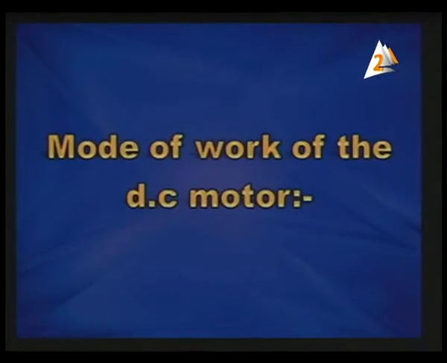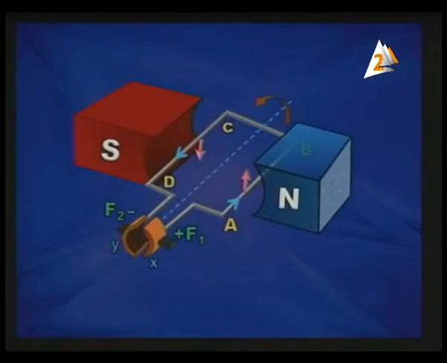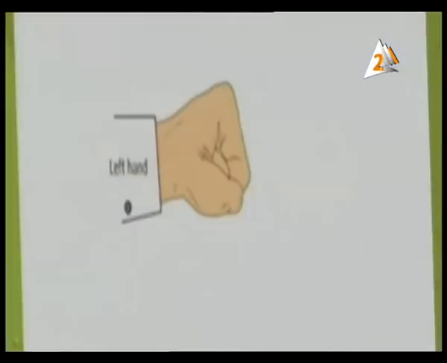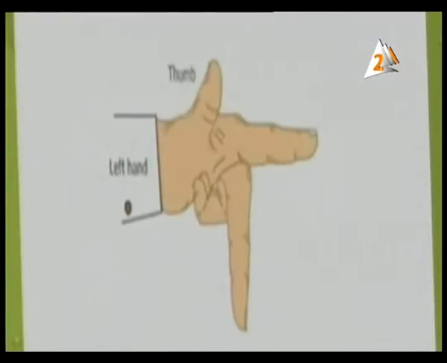What about the mode of work of the DC motor? Starting with the coil in the horizontal position, when the current is first switched on, current will flow in the direction shown, A, B, C, D. And by applying Fleming's left-hand rule, it will be quite clear that AB will be acted upon by an upward force.